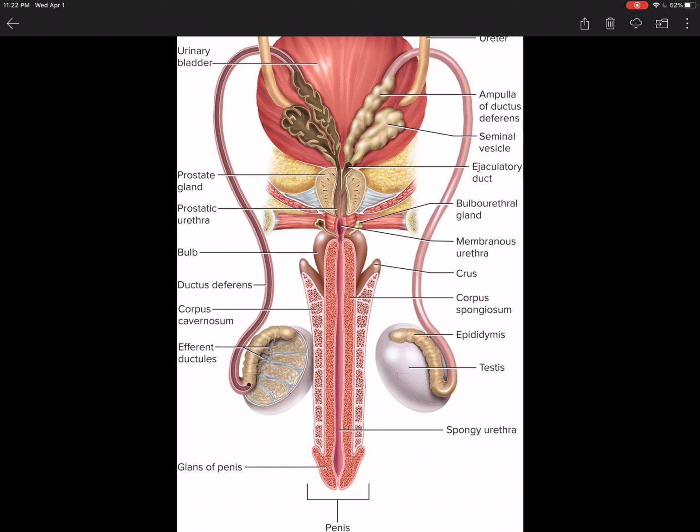You've got the ampulla of the ductus deferens or the vas deferens. Then you're going to follow that down through the prostate. We've got the ejaculatory duct right there with the prostate. We're going to go through that membranous urethra. Now we've got the bulbourethral glands joining in, and then we get down to the spongy urethra and all the way out to the glans and tip of the penis.